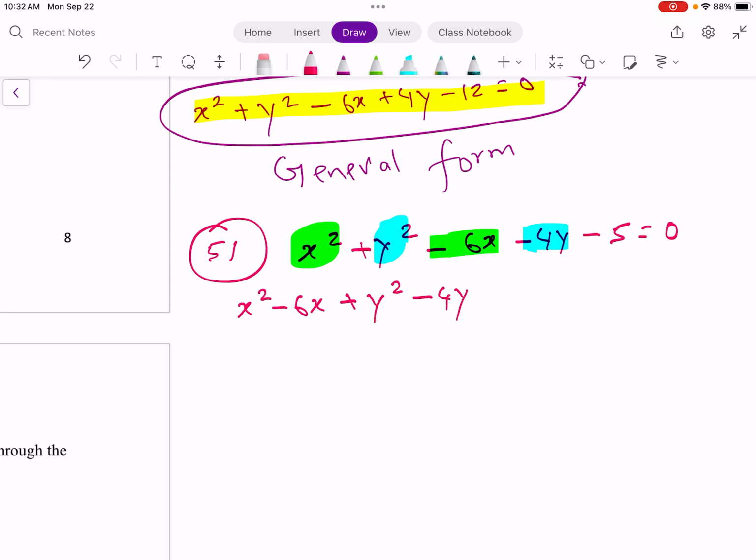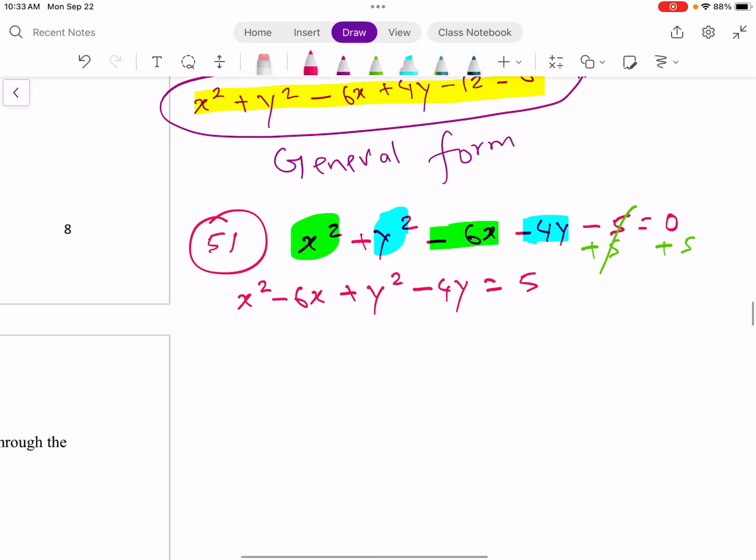And we have a constant, negative 5. We need to get rid of that negative 5 from the left side, so we add 5 on both sides. So this is 0, and we have equals to 5. This is the first step: writing the terms with the same variable together and taking the constant to the other side.